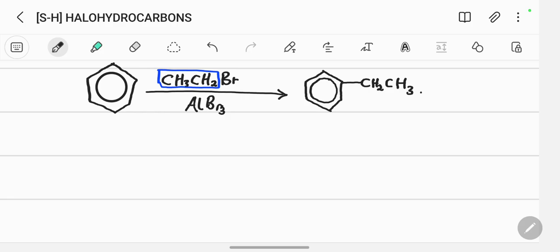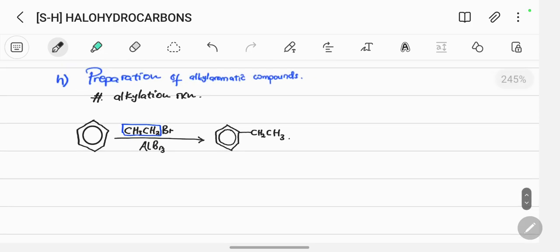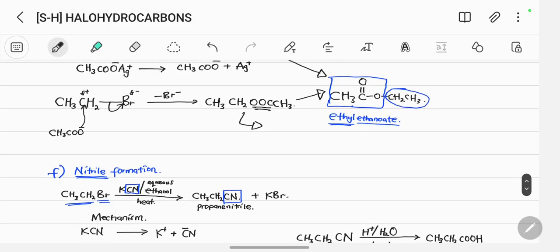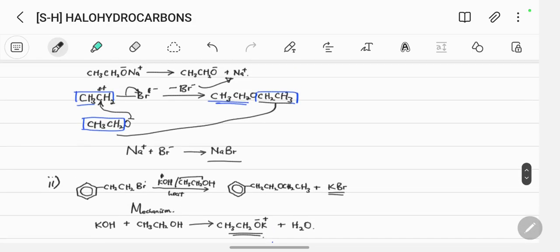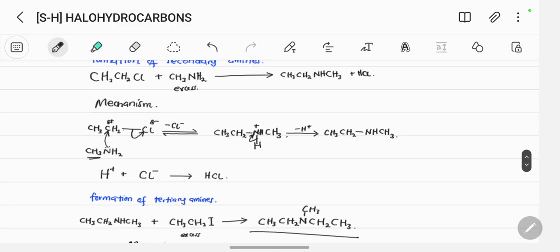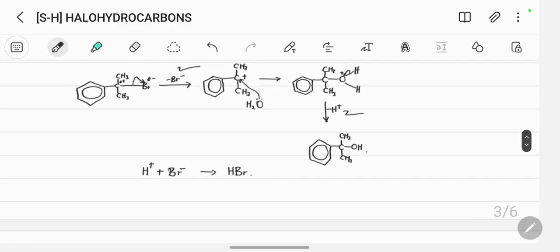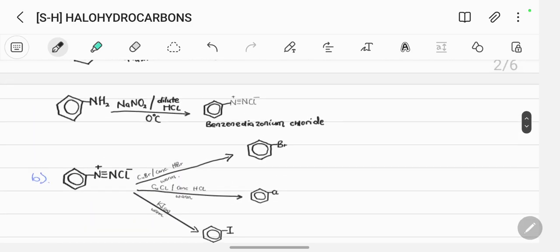So these ones were reactions, and there were substitution reactions. All these are substitution reactions, very many of them.